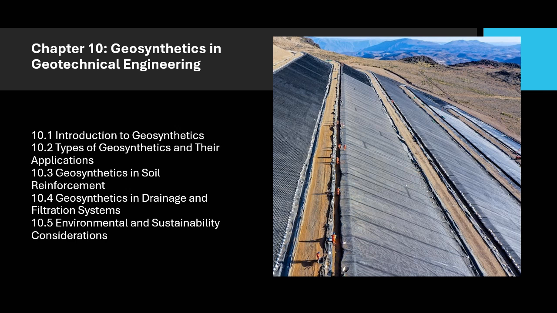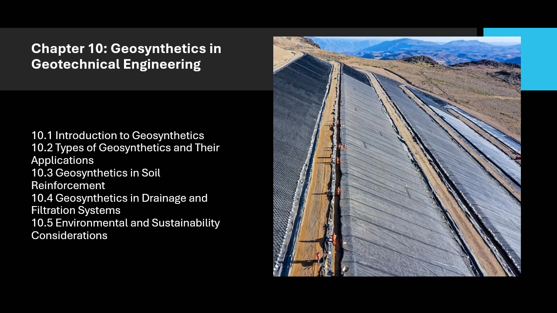Reinforcement through frictional resistance. Geosynthetics such as geotextiles and geogrids work by increasing the frictional resistance between soil particles. This increases the overall cohesion and friction within the soil, thus reducing the chances of displacement or failure.